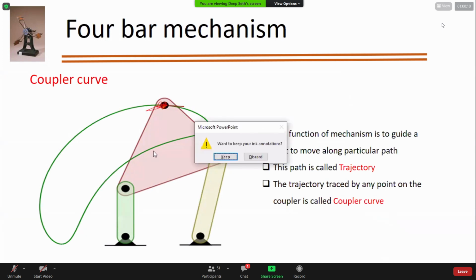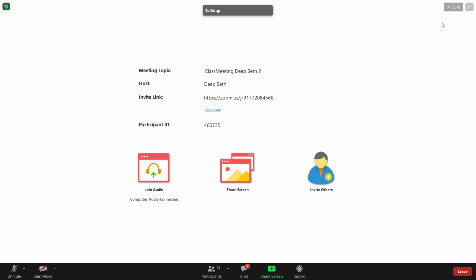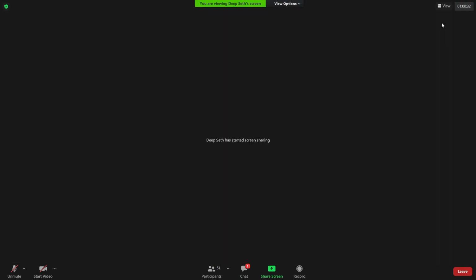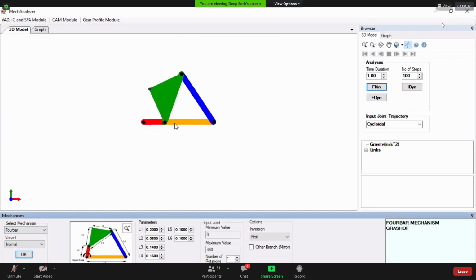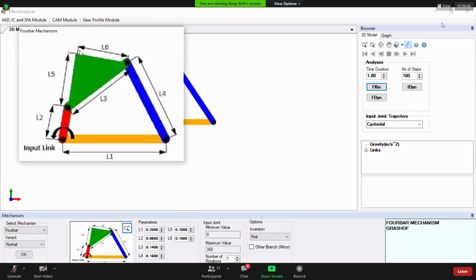Let's see an example of it over here. Where is our mechanizer? Here. I will just make a simple one. So this is your coupler. And when I move it, this L3 and L5, which I've shown you previously, this is actually L5 and L6.